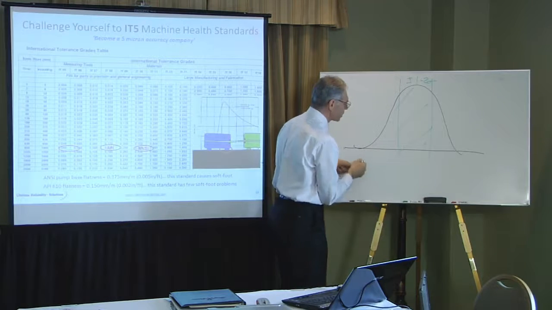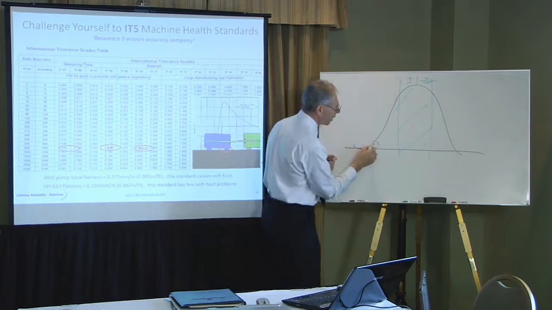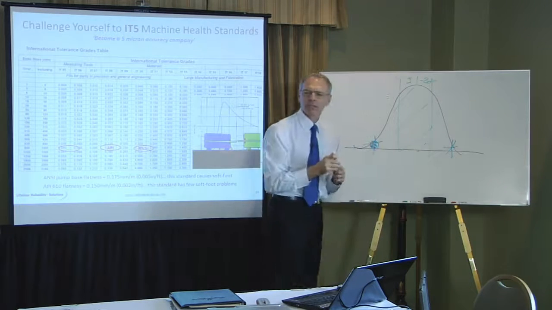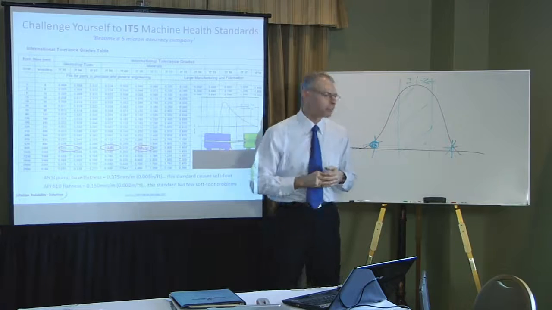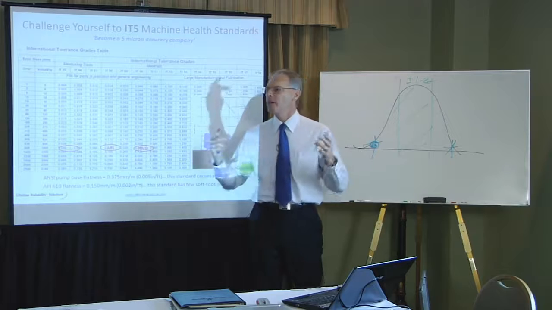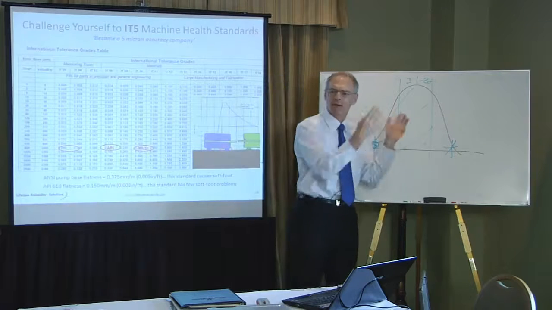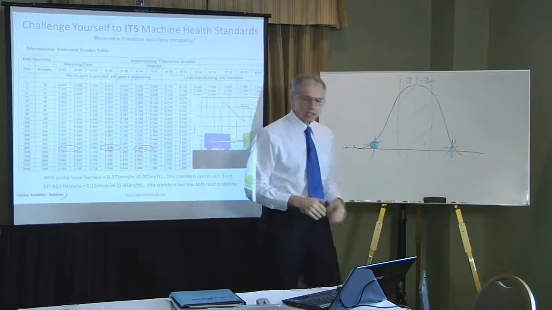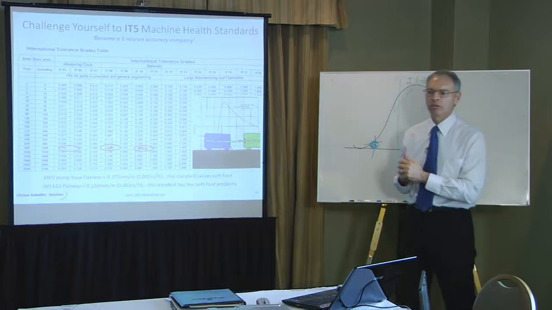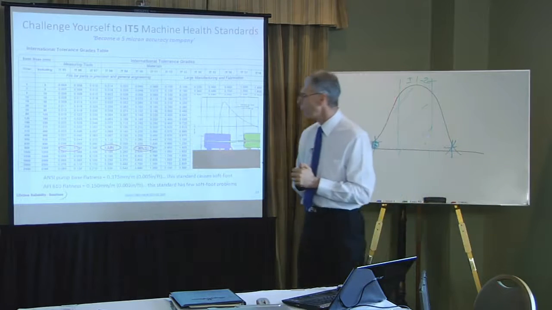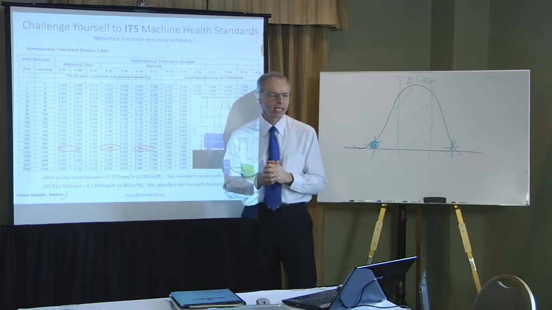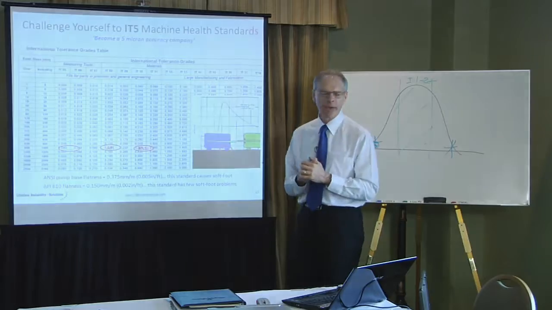The unlucky guys that get the worst case outliers down here, which will lead to problems, won't be too many of those. So in a company that makes 1,000 of these pumps, maybe 4 or 5 are going to be at the extreme end. So most guys are going to buy pumps that are going to be sort of acceptable. So the worry is you won't know which position you are on the distribution. You just buy a pump thinking it will be okay. So your 2 thou per foot certainly is far, far better, but we can do better again.